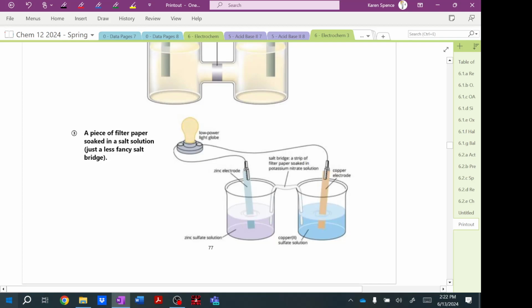I'm just going to use water for now because it doesn't really matter. You can't see the salt anyway. Okay, so let's imagine that this has salt in it, and I would then put it into each side of the beaker, and now I have a salt bridge that's just made of paper towel. Cheap, right? Easy. Can find it at home.